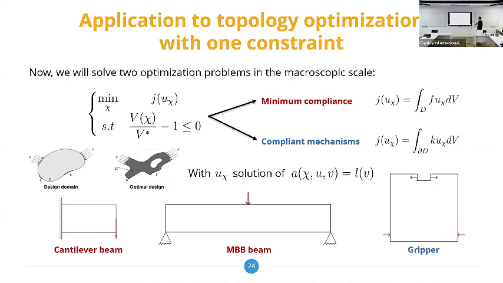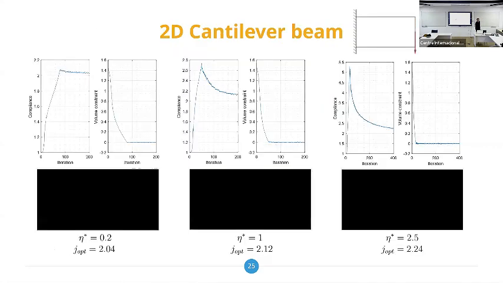On the other hand, we can also find the design of compliant mechanisms, where basically we are creating mechanisms with hinge points in order to invert the displacements of the design at certain locations, obtaining negative stiffness designs. In all these problems, I will consider a volume constraint and, of course, the constraint related to the elastic problem. Let's start with the cantilever beam.